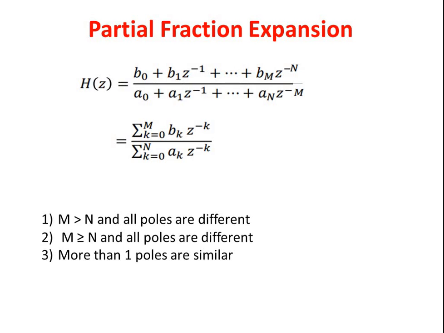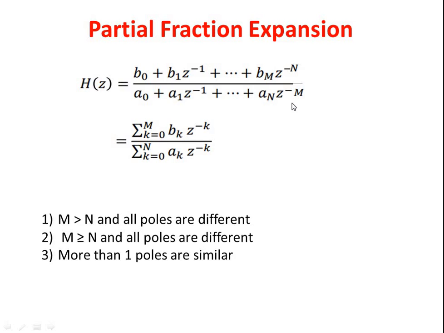So the second method for solving the inverse Z transform is partial fraction expansion. So this is the general term. Here we may get 3 different forms of result. The very first thing we have to check is the order of z in the numerator and denominator.